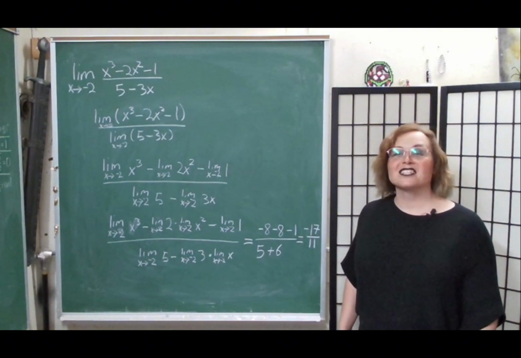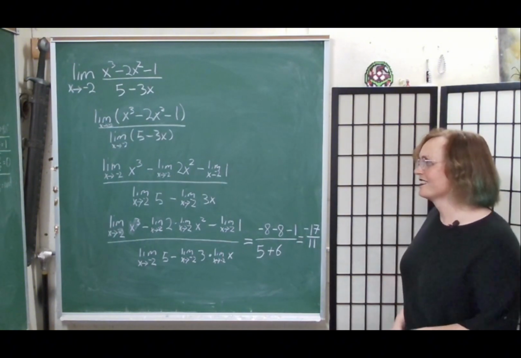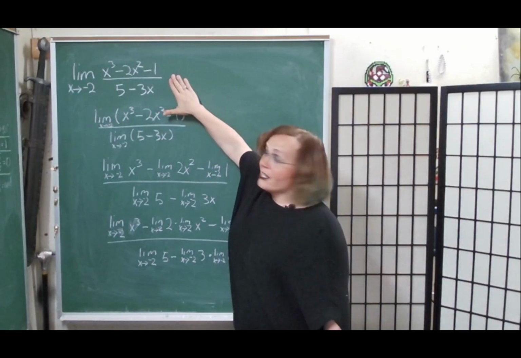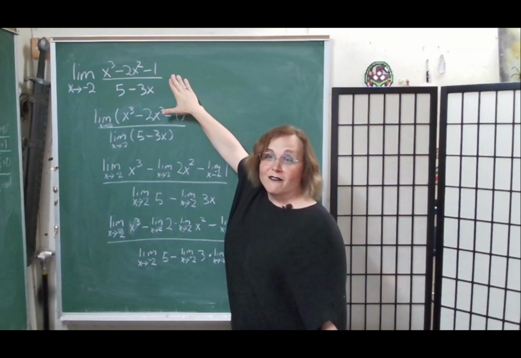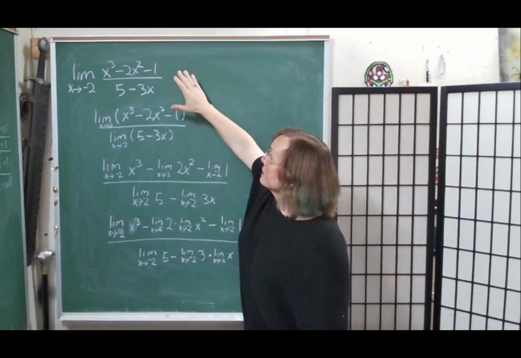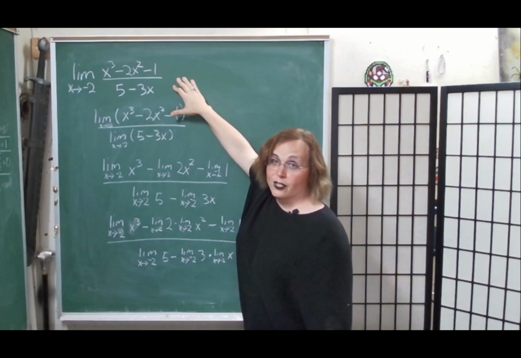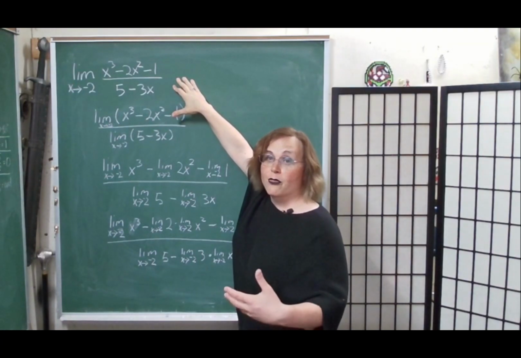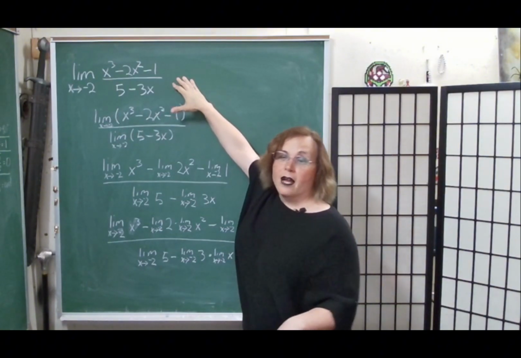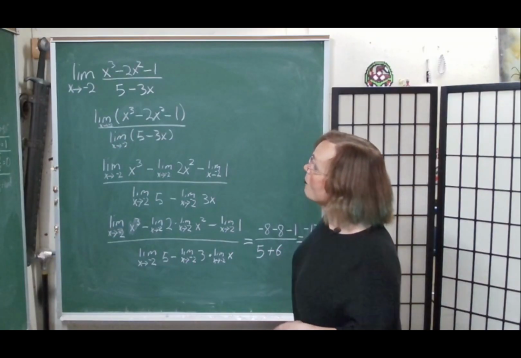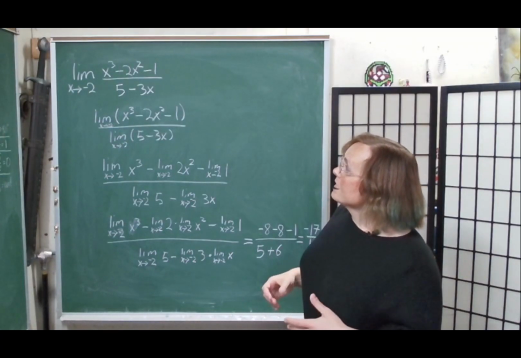So, starting at the top, let's look at the rules we used. So, here's our limit. We have the limit as x approaches -2 of this rational function, x cubed minus 2x squared minus 1 over 5 minus 3x. Now, really quickly, we just need to check to make sure that if we take the limit of the bottom, it wouldn't be 0.